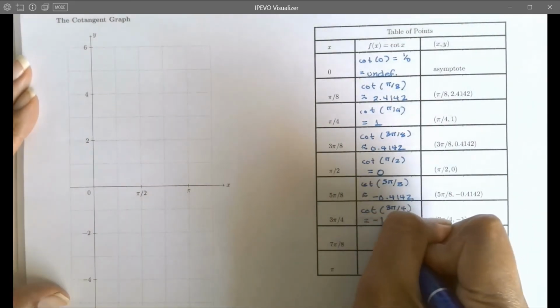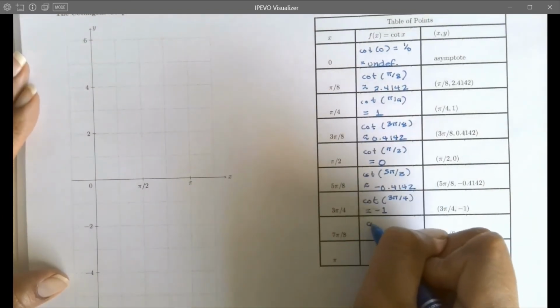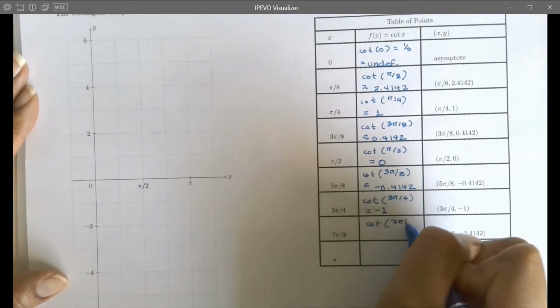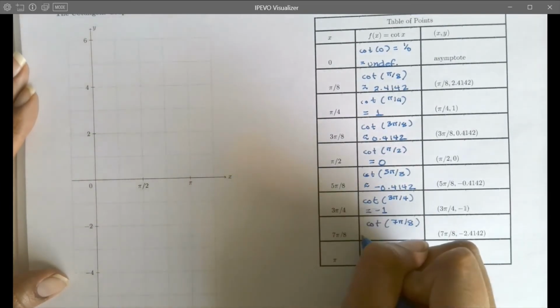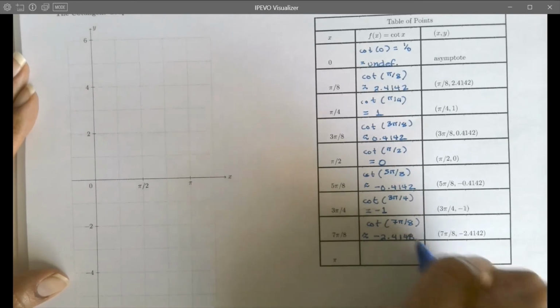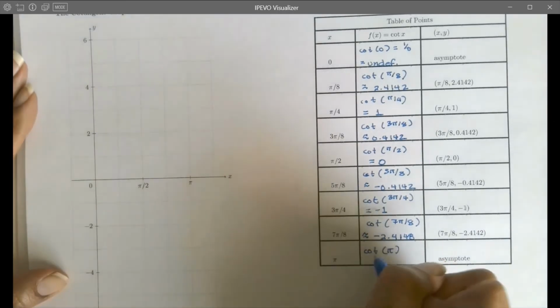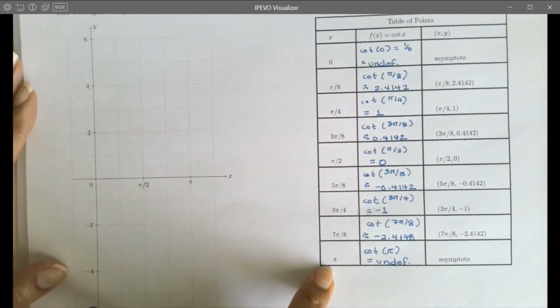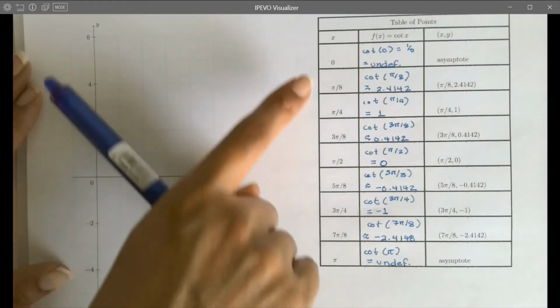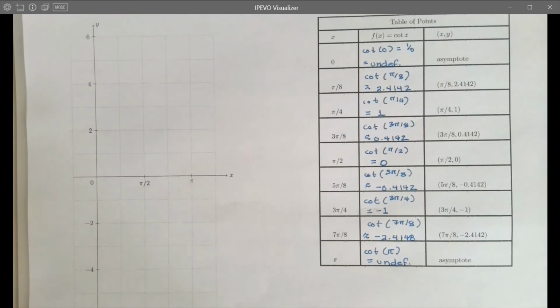You can check it on the unit circle. 7 pi over 8, cotangent of that will give us approximately negative 2.4142. And finally, cotangent of pi, that is going to give us undefined. So you should check this on the unit circle. Okay, basically anything that is 0, pi over 2, or pi, or multiples of those values, check on the unit circle.